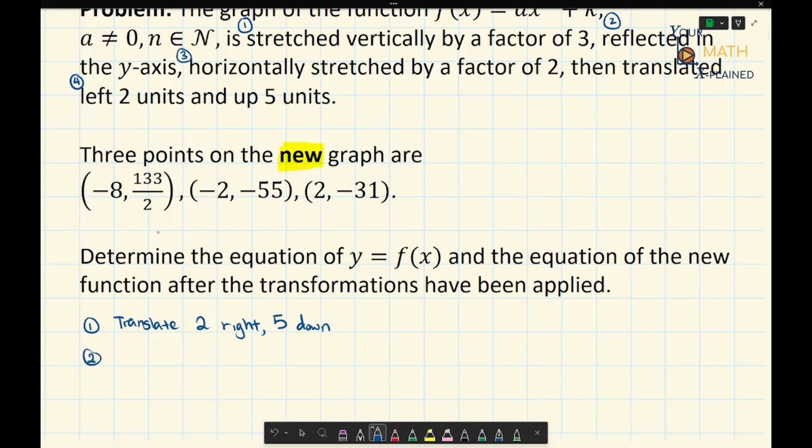Our second transformation corresponds to the original third transformation. Originally, we were stretching it horizontally by a factor of 2. So now to do the opposite, we need to horizontally stretch by a factor of 1/2.